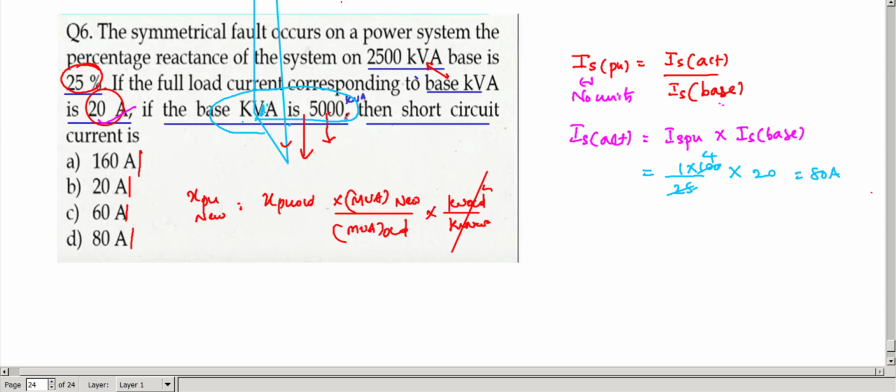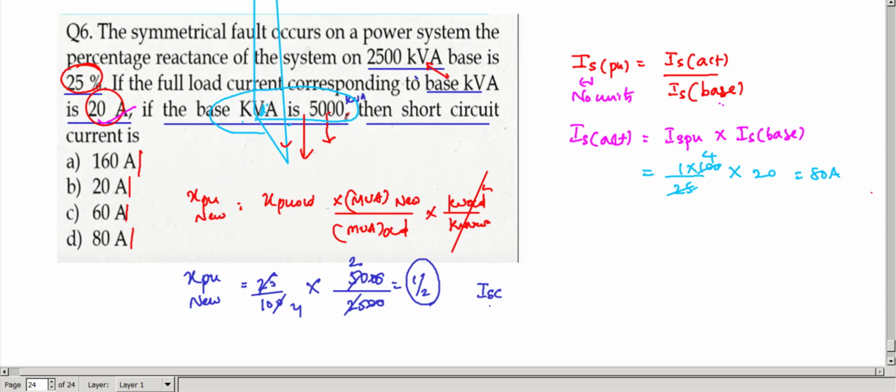So X per unit new equal to, what is X per unit old? 25 by 100 into 5000 by 2500, 2 into 25 by 100, so half. So X per unit new is half. Corresponding to 5000 kVA, I found the X per unit.